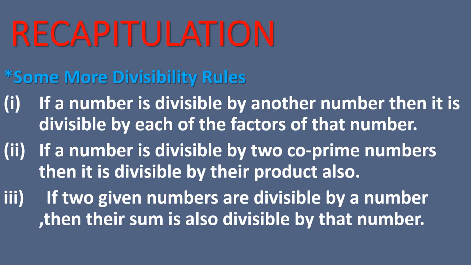Both numbers are divisible by 4. So the sum of these two numbers is 20 plus 44, which is 64. Now 64 is also divisible by 4.